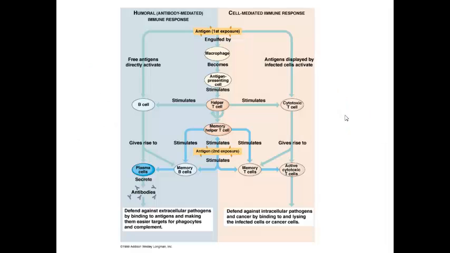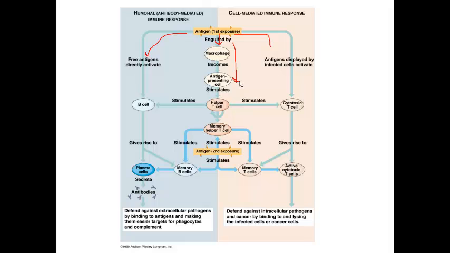Here we see an overview of how the immune system is going to work. You can see that once an antigen enters your body, it can go in 3 different directions. The most important direction to understand is the direction right down the middle. Chances are, if an antigen enters your body, it is first going to be engulfed by a macrophage.